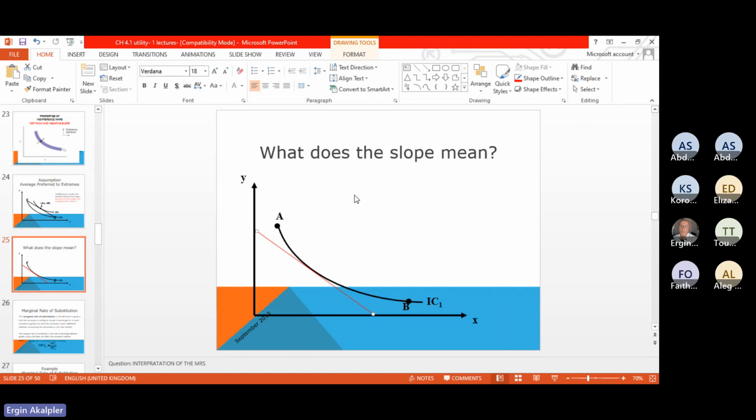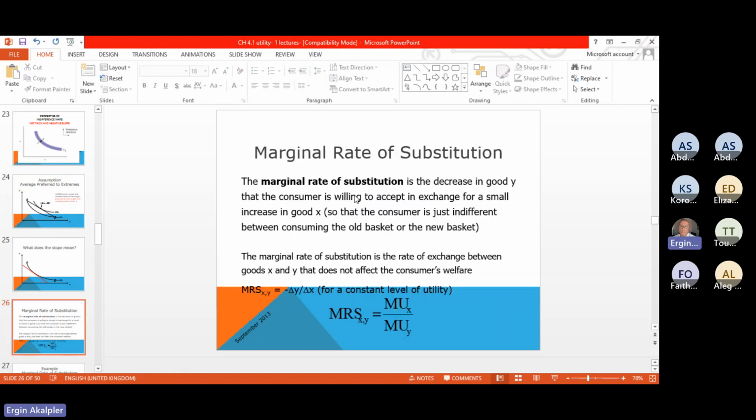And the marginal rate of substitution, when we are questioning what the marginal rate of substitution is, is the decrease in good y that the consumer is willing to accept in exchange for a small increase in good x, so that the consumer is just indifferent between consuming the old basket or the new basket. The marginal rate of substitution is the rate of exchange between good x and good y that does not affect the consumer's welfare.